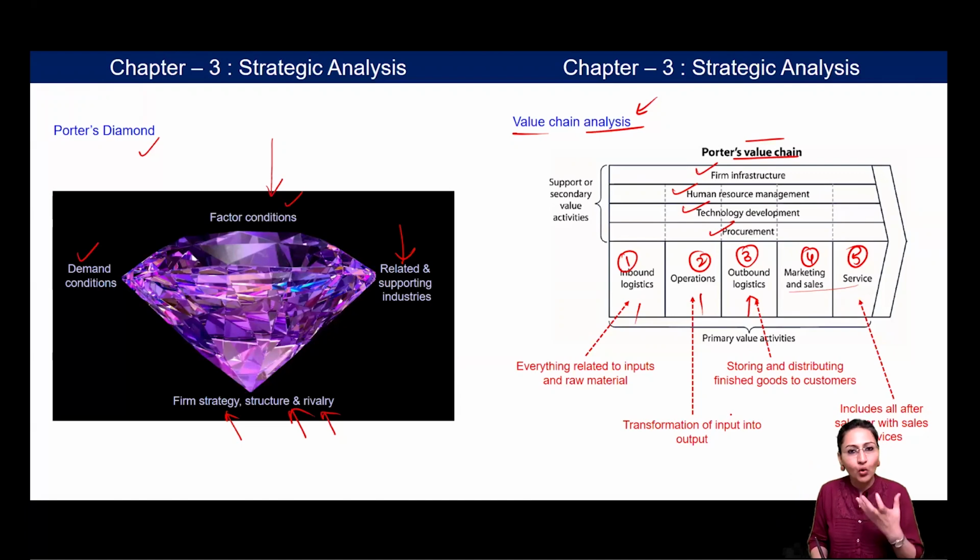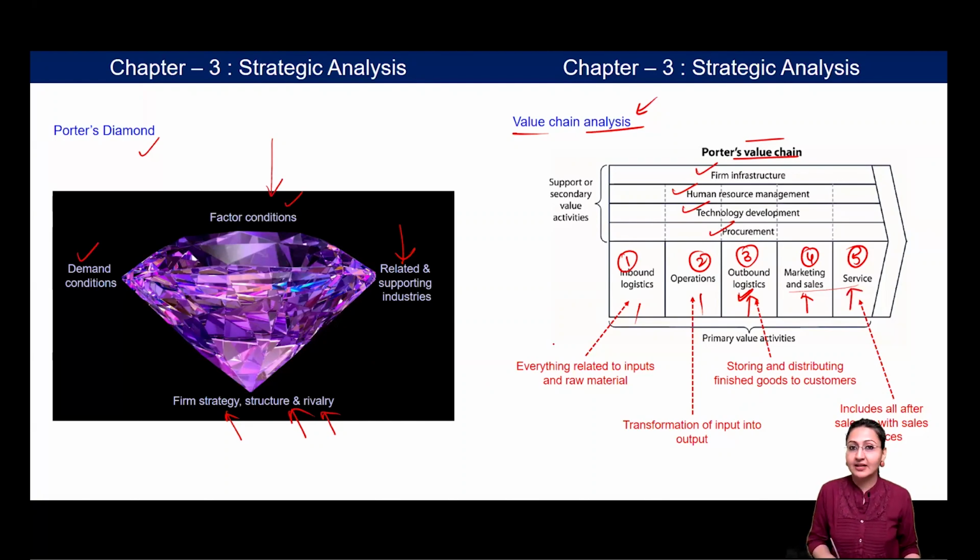That means you need to store your production, you need to distribute your production. That is outbound logistics. You have to make the product reach the customer. Then comes marketing. It includes advertising, running campaigns, distributing free samples, everything.